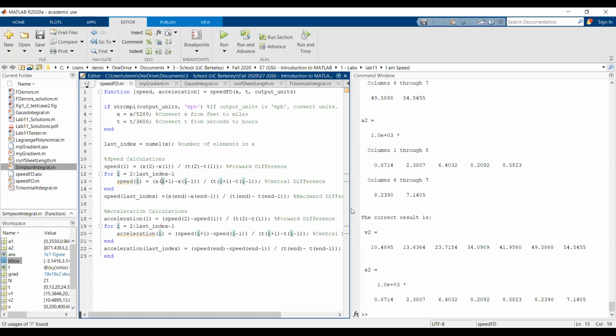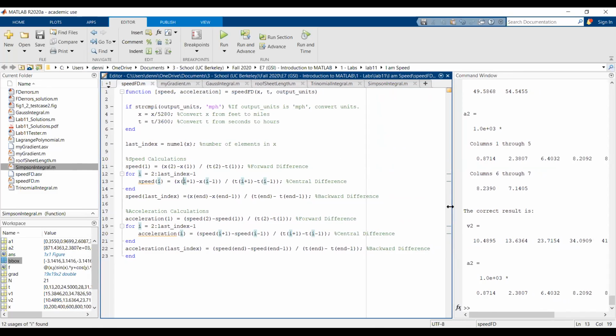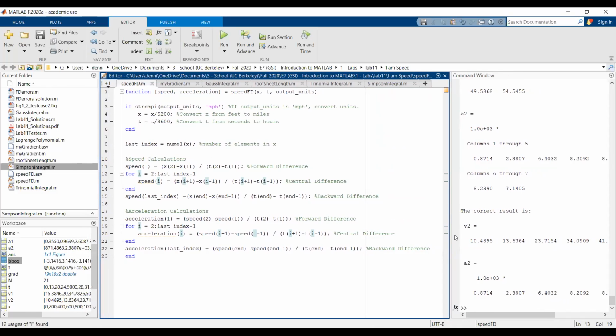I'll let this display for 10 seconds. What's up? Yeah, I had a question. Why didn't you do the first test case and the last test case for speed outside of the for loop, or is that just to show us an example, or is there a specific reason for that? What do you mean? Like speed 1 and speed last index, why are those outside the loop?